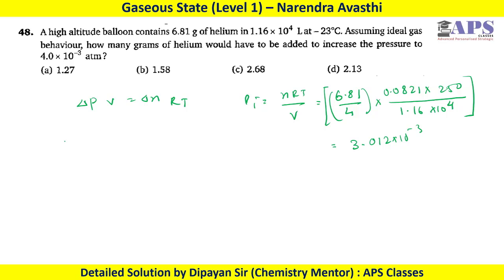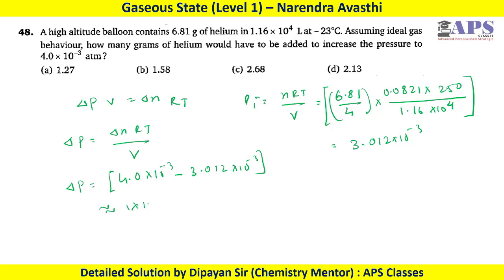Now we can calculate delta P, that is delta n RT by V, as all the information is given. Delta P is 4.0 into 10 to the power minus 3 minus 3.012 into 10 to the power minus 3, which is almost equal to 1 into 10 to the power minus 3.